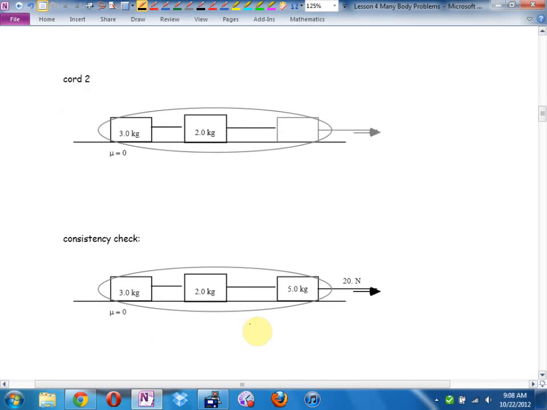Next page. Cord 2. Now, I noticed when we set this up, they have me using mass 2 to find cord 2, because they left mass 3 blank. I'm going to use mass 3 because I think that's a smarter way to do it. So I'm going to quickly write in the 5, and over here I have M3G, normal force 3, 20, tension 2, and I'm going to say 20 is winning minus tension 2 equals M3A.